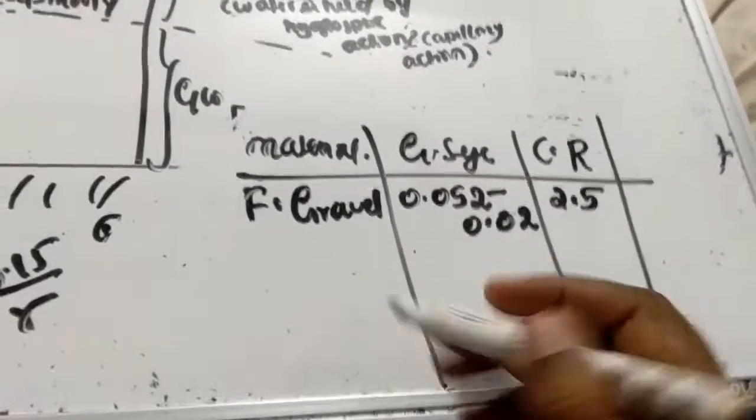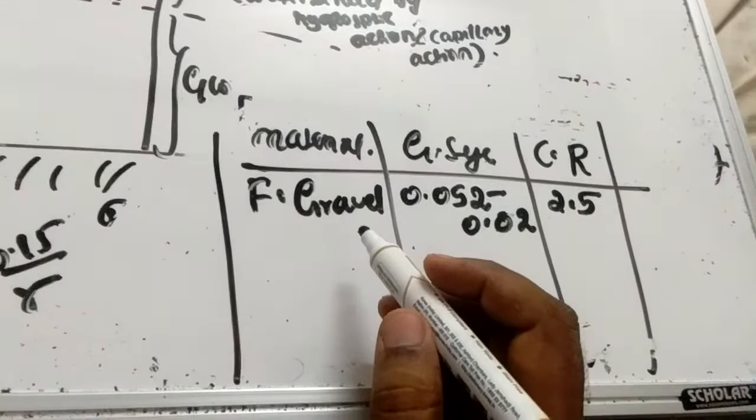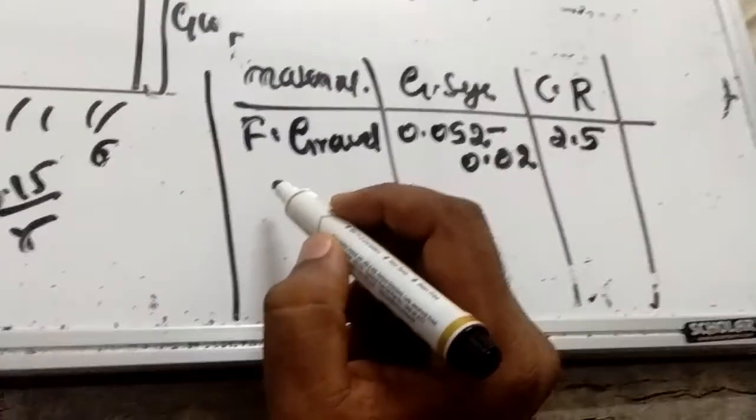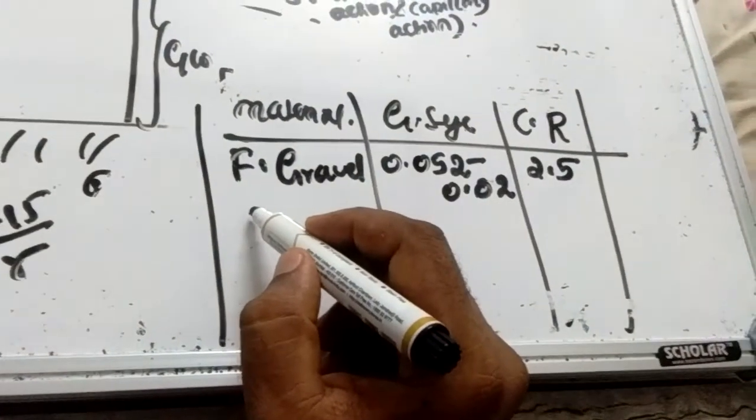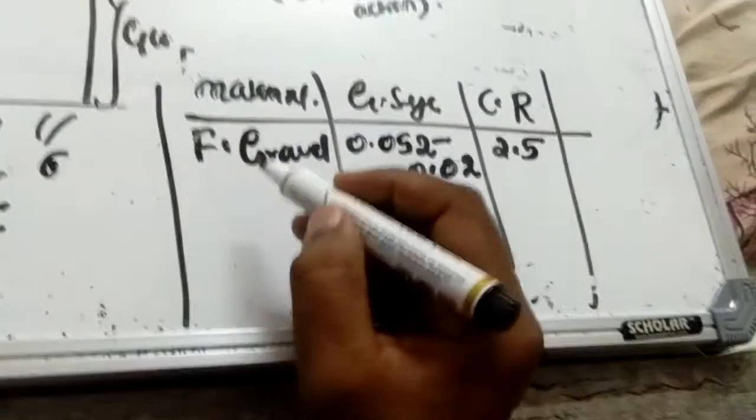2.5. Okay, and further as we go, next is coarse sand. Of course, intermediate formation is there.